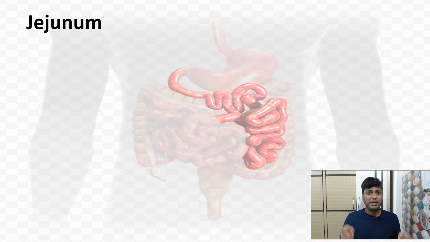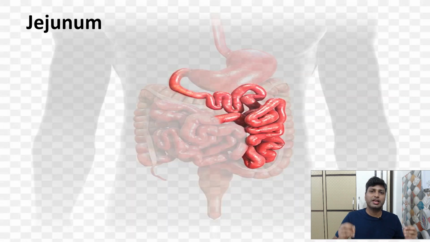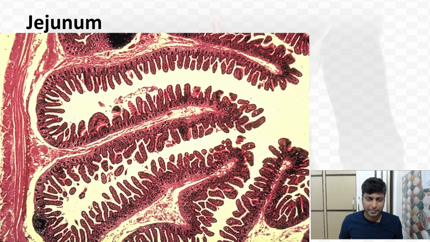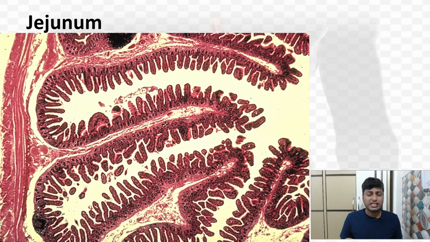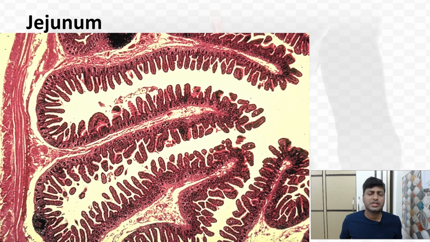So there are many small finger-like projections inside this particular region, and these small finger-like projections are known as villi.